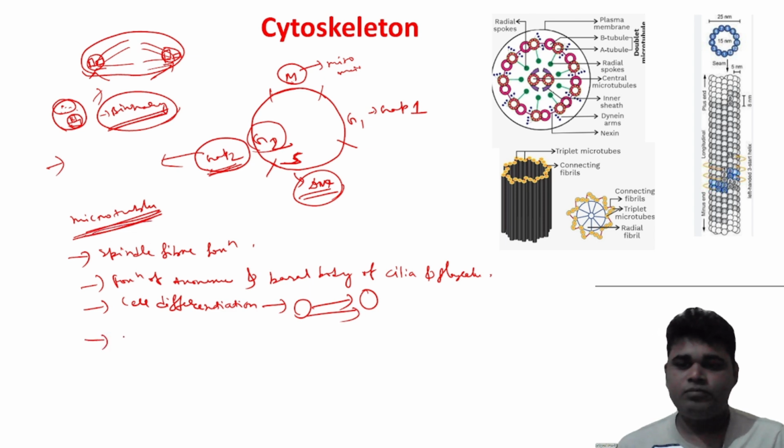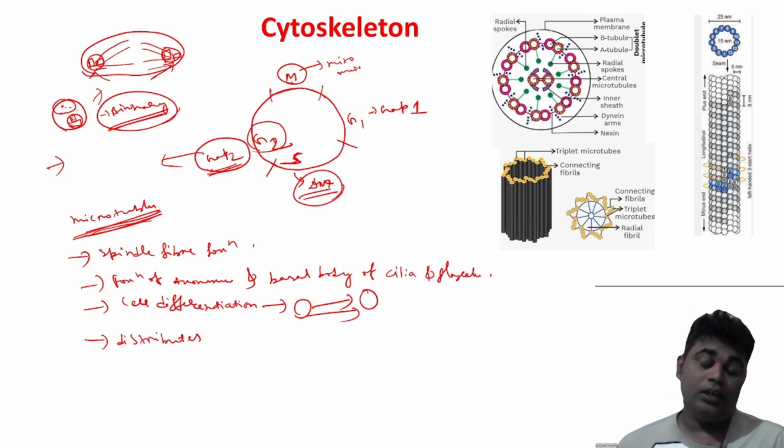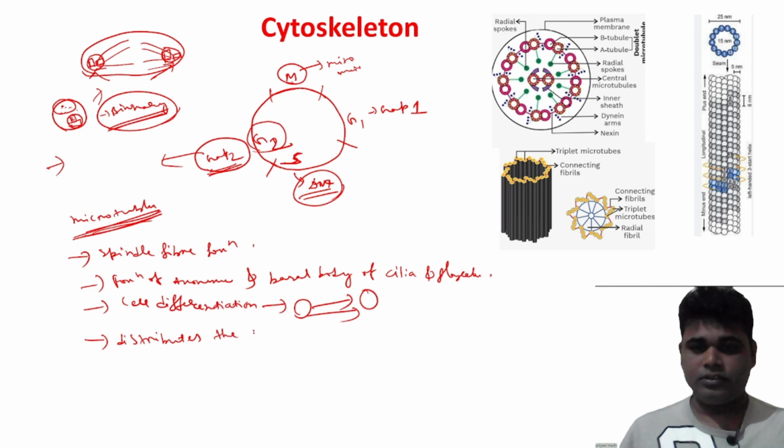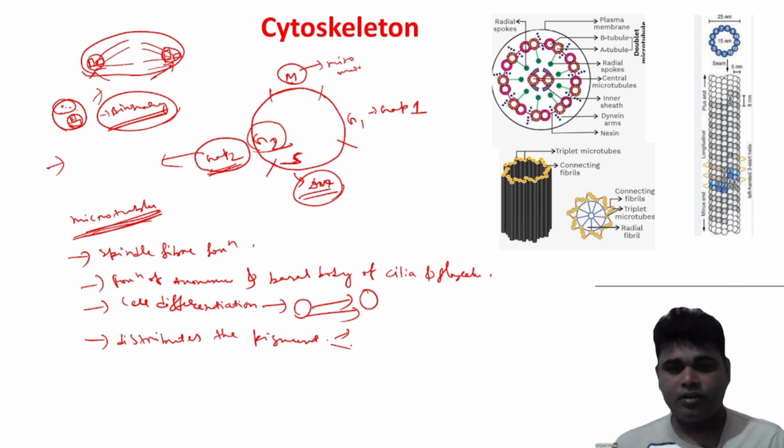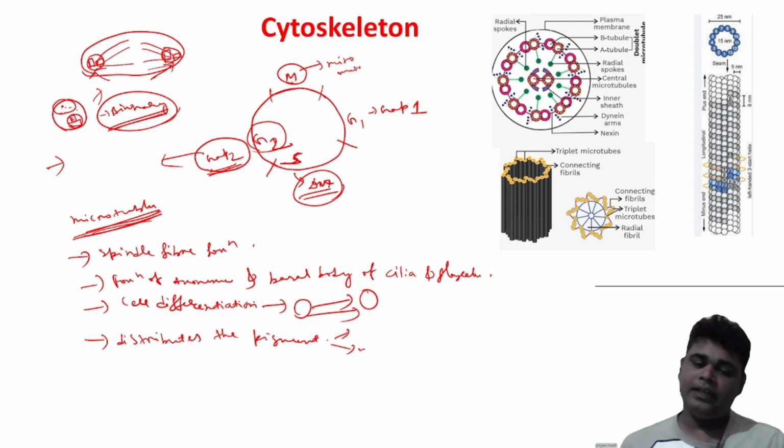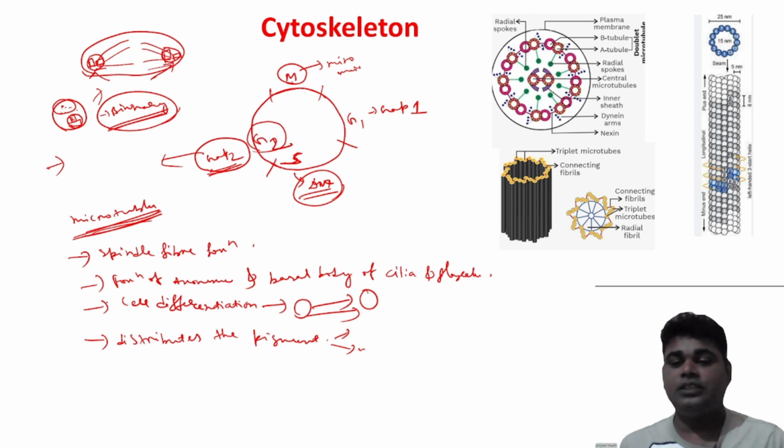Another is that it also distributes the cell pigment. That means, for example, the chloroplast or the melanocyte. And another is that it also helps in the cell movement.